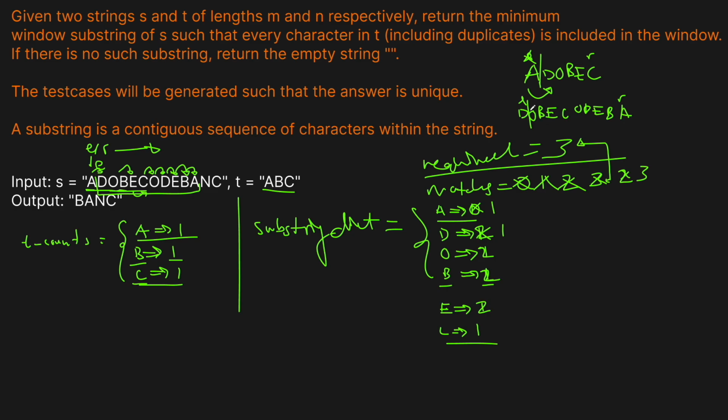We can get rid of this O by moving the left pointer up to the B. So now we can get rid of one of the O's, and again, since O is not in T's counts, no problem there. Now we can do the same thing with the E. We can reduce one of the E's, no problem. And then we get to the C. If we get rid of C, then the count becomes 0, and this no longer becomes valid.